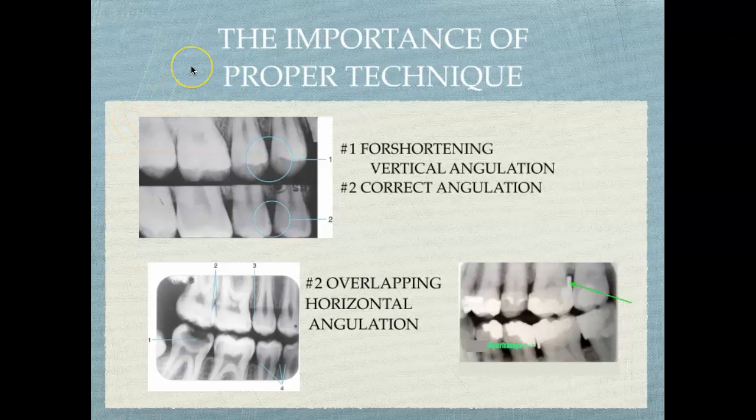Now let's look at the importance of proper technique in exposing a radiographic image so that we are not disguising a caries condition, and then we'll see some in a couple more slides of improper technique or just conditions that could possibly make you think that there's a diagnosis of caries.